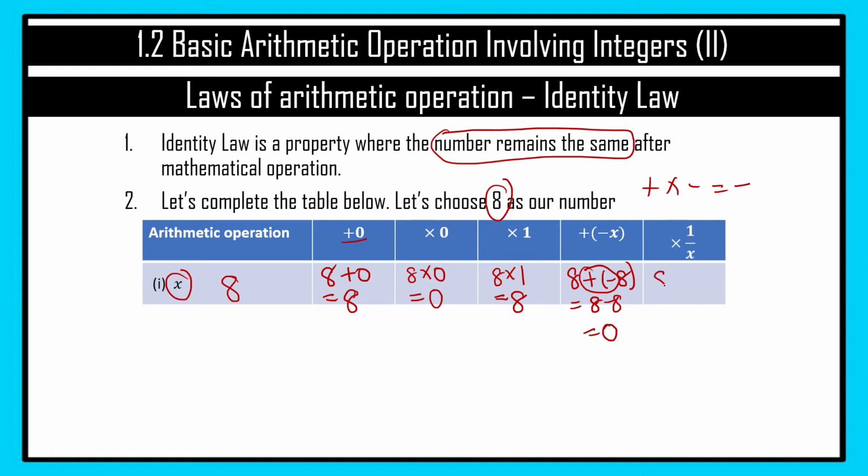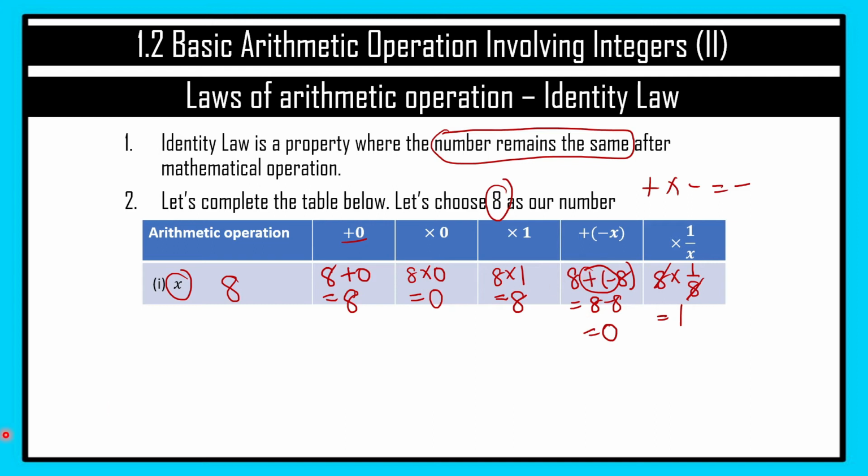The next one is 8 multiply 1 over 8. If you know from your primary school, this one becomes 1. Now remember this one, we come back to here. It becomes 0. This is the one that I showed earlier in the last few lessons, the 0 pair.